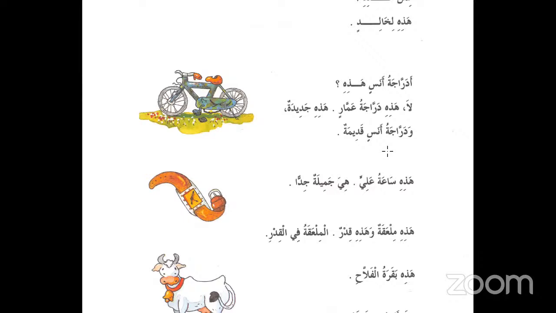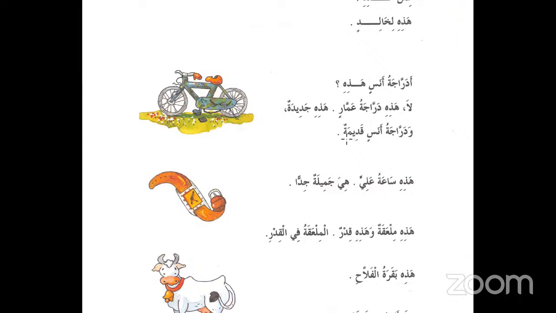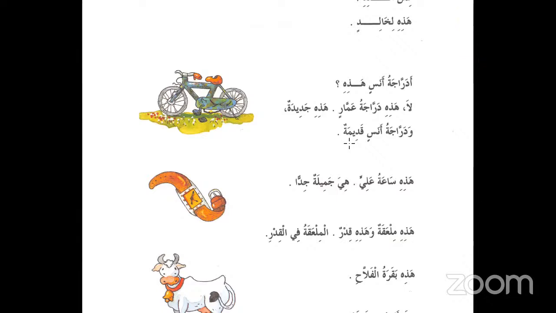So sometimes mudaf ilay can come as the mubtada, and whenever the mudaf ilay comes as mubtada, the khabar, which is qadimatun, can you see it's qadimatun? Qadimatun is an adjective, but here it is coming as a khabar.